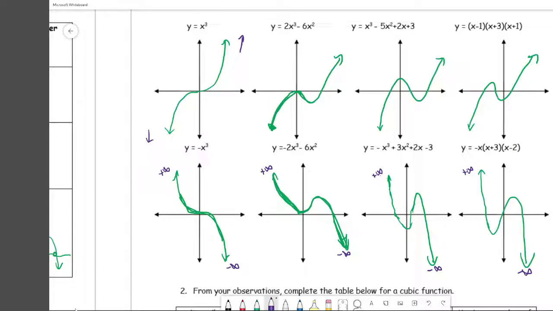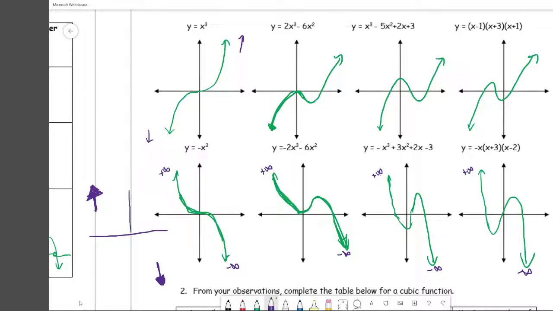If your function starts up here and ends down here, and you know it's continuous, because by the way, remember we said every polynomial is continuous, right? They never have any gaps or breaks or jumps or anything like that, so polynomials are always continuous. So remember, continuous in terms of an effective definition is just your pencil can't leave the page.